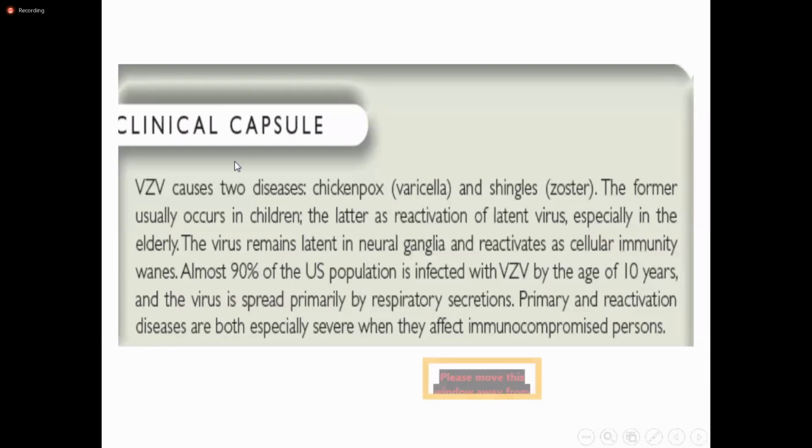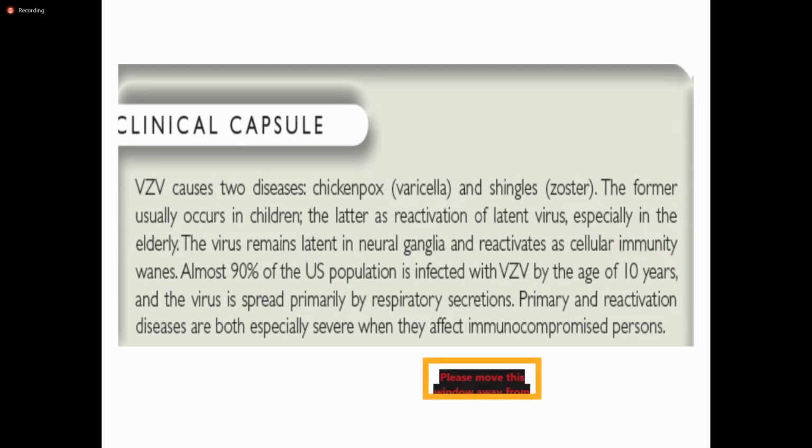Varicella zoster, as I said, chickenpox is varicella. Shingles is the zoster. Chickenpox occurs in children and then stays latent, and will become reactivated especially in elderly people when the immune system becomes weaker. The virus remains latent in the neural ganglia, reactivated as the cell-mediated immunity decreases.